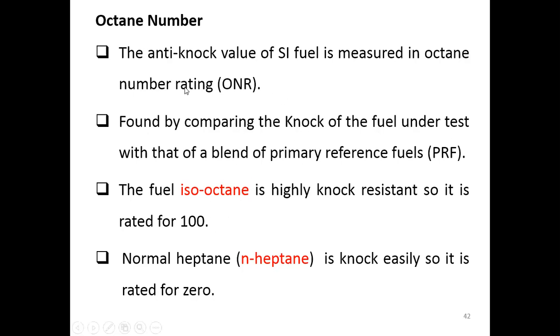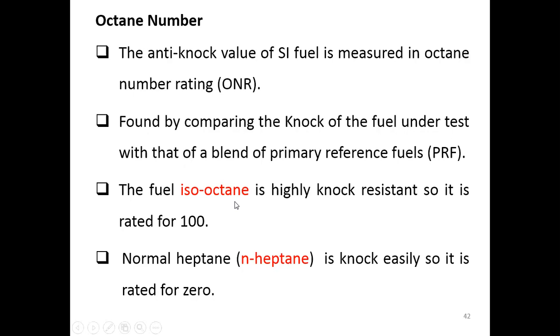This octane number rating is set up by comparing the knock of the fuel under test with that of a blend of the primary reference fuels. The primary reference fuel we mentioned, the first one, is isooctane.